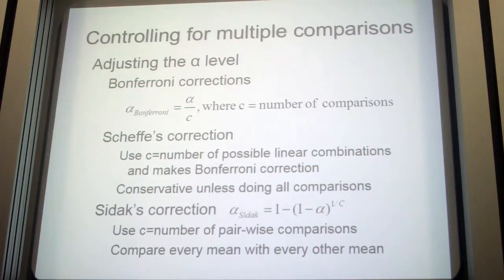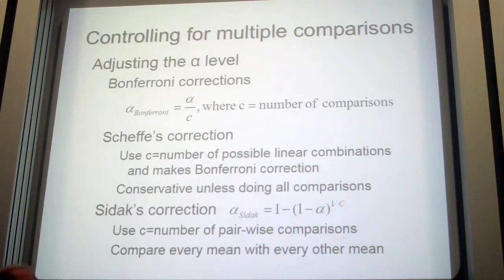The reason we use that is that not that long ago, it was much easier to do that calculation, remember all of these had to be done by hand, than doing the correct correction, which is Sidak's correction down at the bottom. They work out as having very little difference between them. But one of them is correct and the other is a very good approximation.